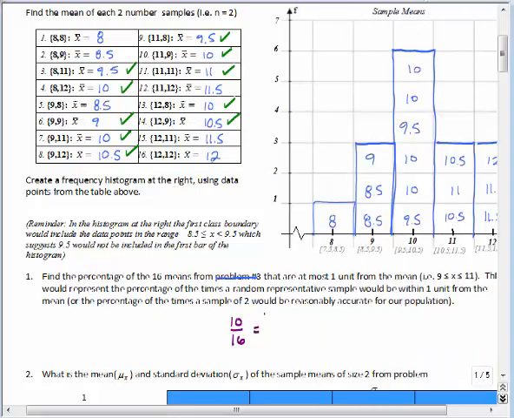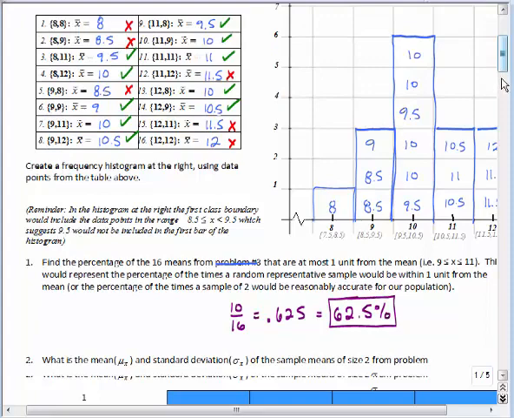So that's 0.625, which is the same thing as saying 62.5% of the time, if you had a population of size 4 and a sample of size 2, we'd have an accurate representative sample, and the other samples would not be as good. These are too far away to be considered a good representative sample. So that failed, that failed. You can see you had a couple failures, but more successes than failures.